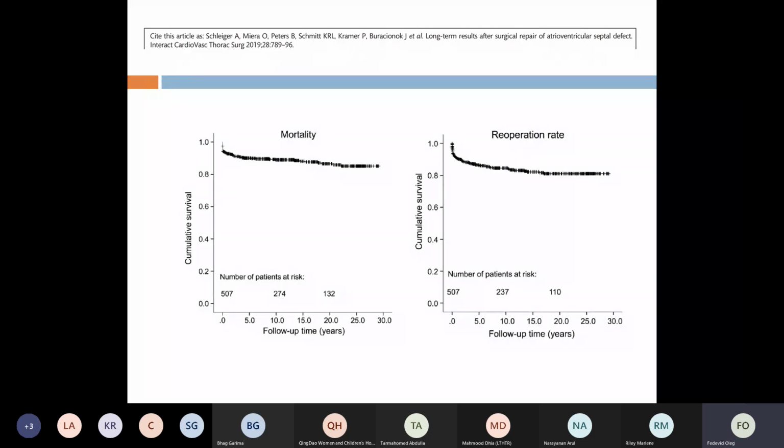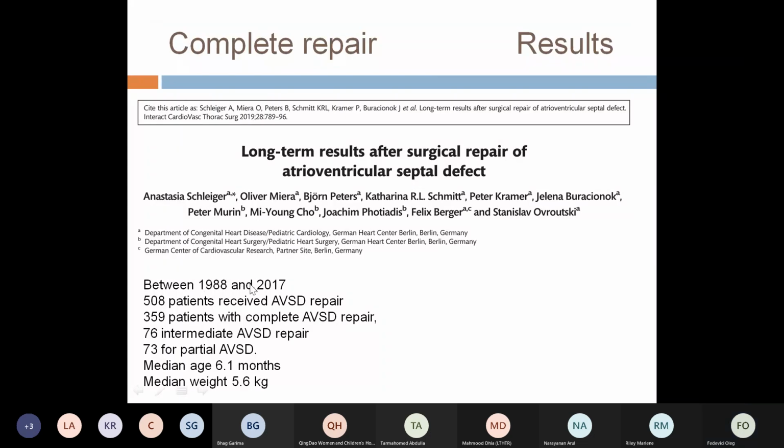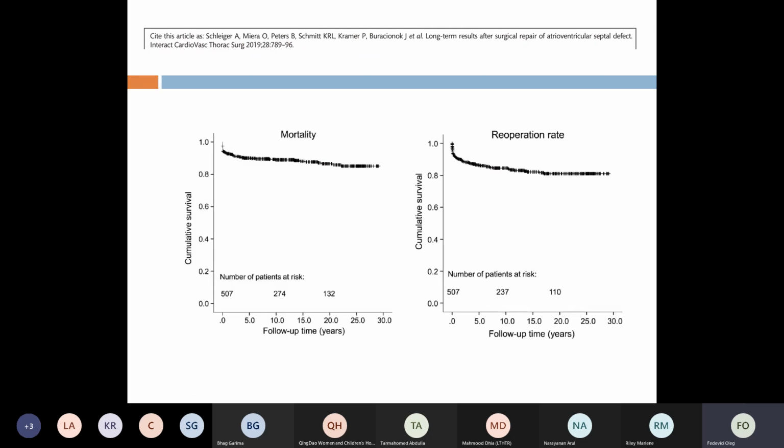So that's the result. I have to say that they divided the analysis for 2 decades. It's early era and late era. And obviously the result much better late era rather than early.